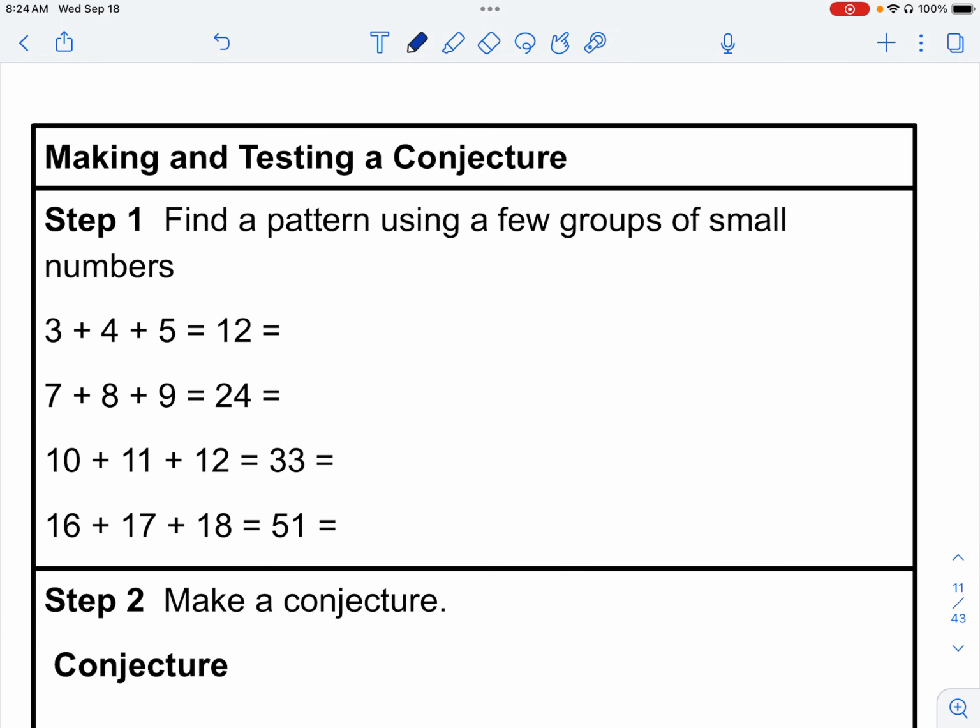So let's use these numbers and try to figure out what our pattern is. All right, so we got a group of 3 numbers. And if we add them up, 3 plus 4 plus 5 equals 12.